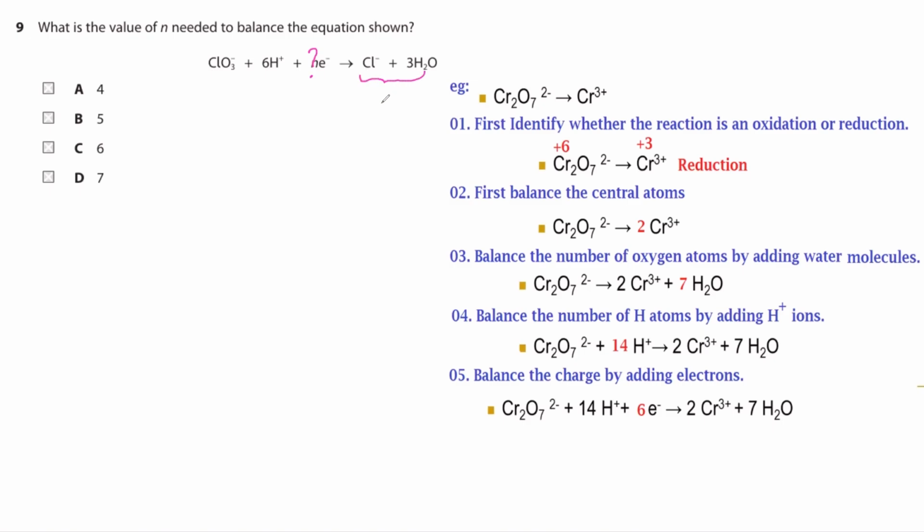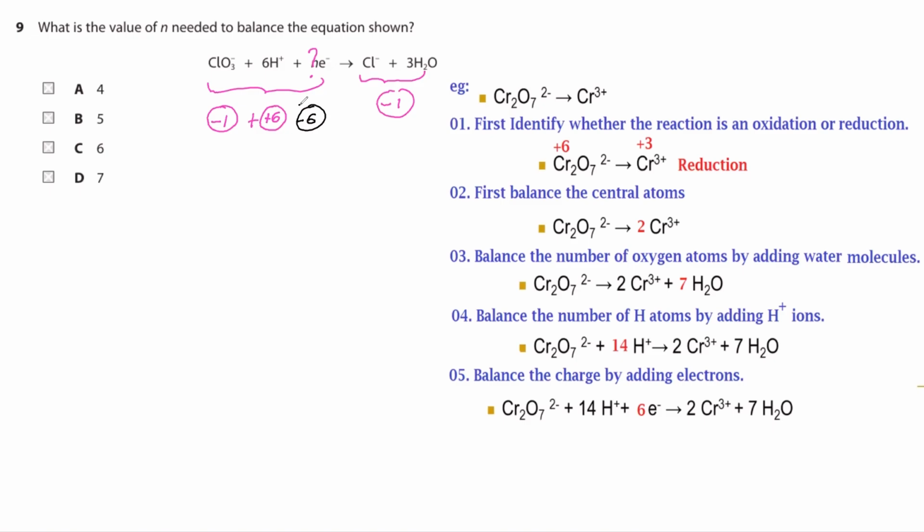We can see this side's charge is minus 1. This side is minus 1 because of ClO3 minus, and plus 6 is there. If you want to make these charges equal on both sides, you simply remove this plus 6, which you do by adding minus 6.